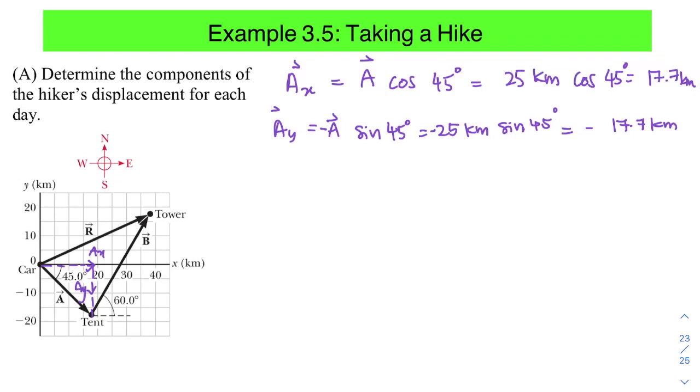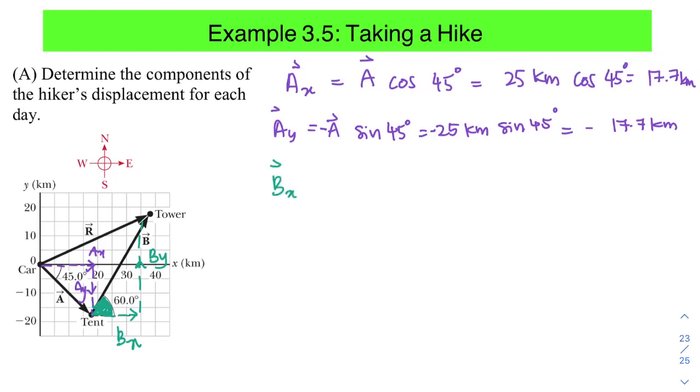Okay, for B, the component of it lies on here. This is BX, and here is BY. Then you have your angle here. This is your angle, the angle for B.